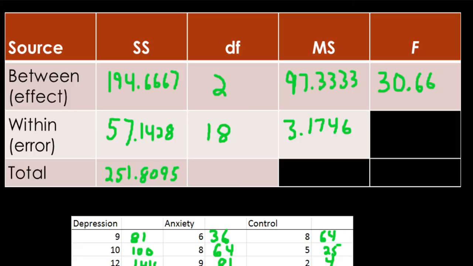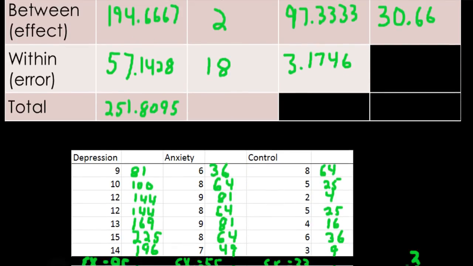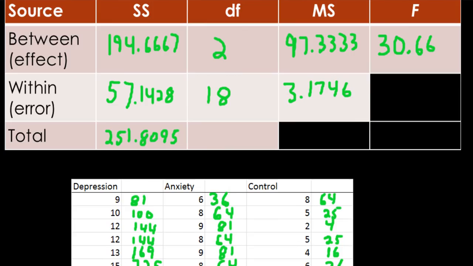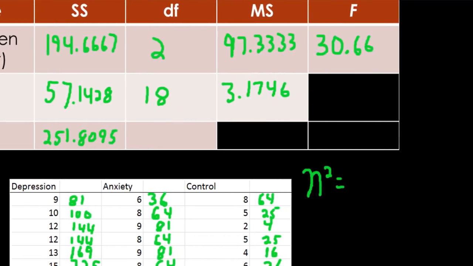We know that there is at least one difference between the means for these groups, but we could also compute the effect size. The one effect size that's commonly reported for ANOVA is eta squared, and that's interpreted basically as the proportion of the total variance in the dependent variable that's accounted for by the effect, or by the between sum of squares.